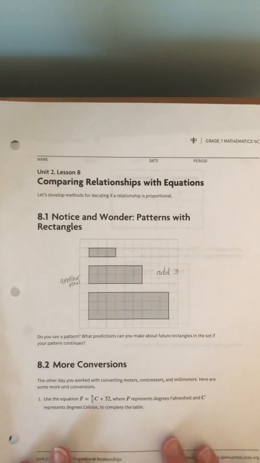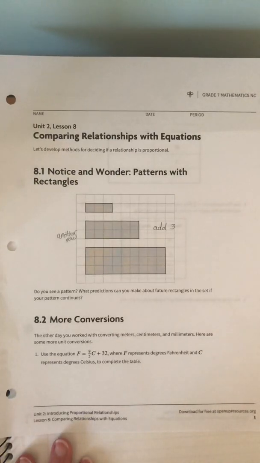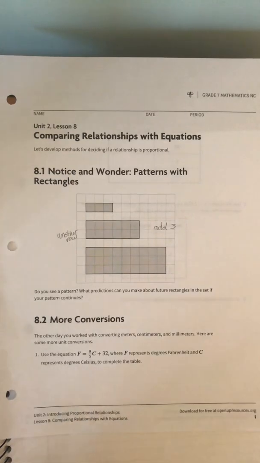All right, so the other day we worked with converting meters and centimeters and millimeters. And today we're going to work with Fahrenheit and Celsius. So we're going to use the equation F equals 9/5 C plus 32, where F represents degrees in Fahrenheit and C represents degrees Celsius.